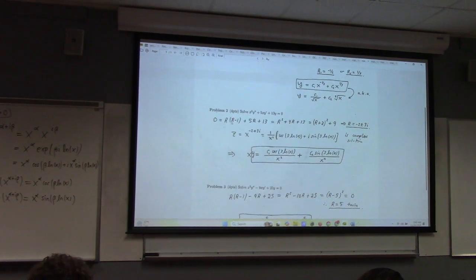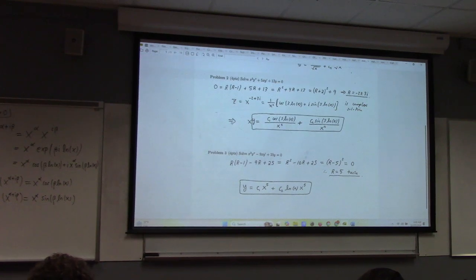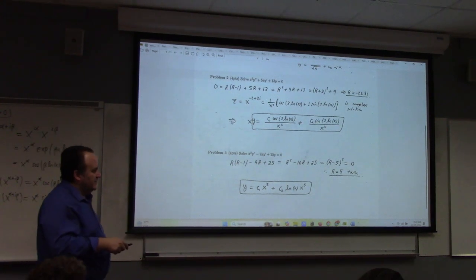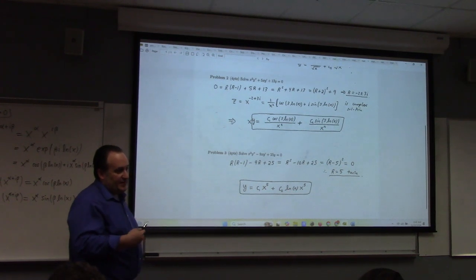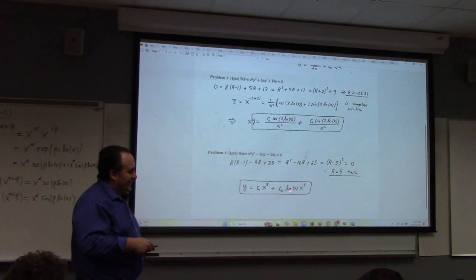Let's see here. And the double root case is kind of funny, right? If you have a repeated root in the Cauchy-Euler problem, you have to multiply by log x, whereas for the repeated root case for the constant coefficient, we multiplied by x, right?